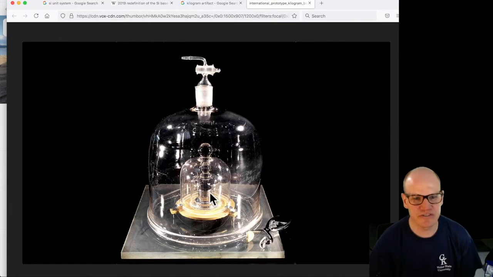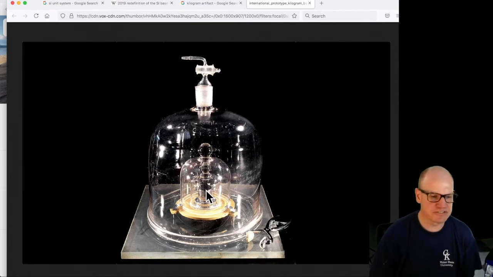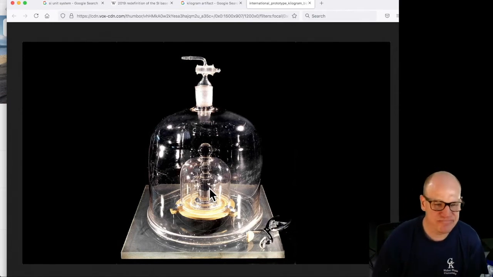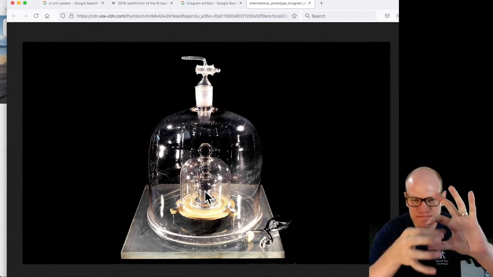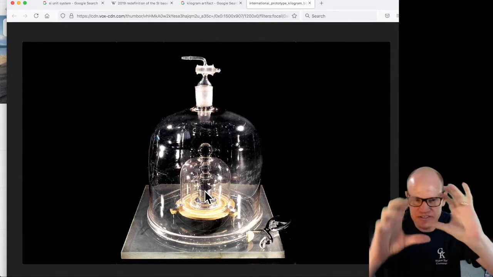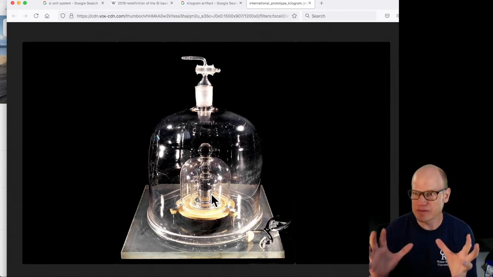So this is the kilogram artifact. In here is a cylinder of a platinum iridium alloy that was roughly square in the side profile and then round at the top. So it's a cylinder, and it weighed 1 kilogram, and it was for a long time the kilogram.